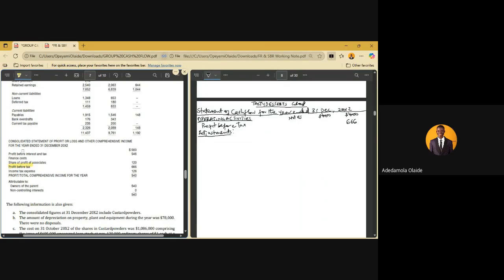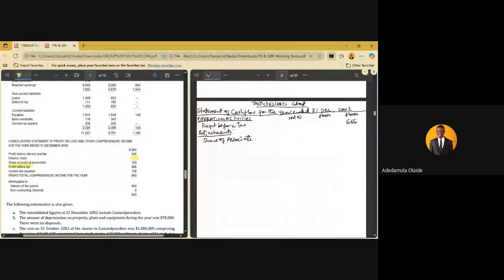If we look at this PBT, what makes up the PBT? We have the PBIT, which will definitely be the operating activities. We have a finance cost. Finance cost is not an operating activity, so we take it out. Finance cost is zero here because, as you can see, no cost is allocated to it, so we can just ignore it. The next one we have is share of associate profit, and share of associate profit, like we have said earlier, is an investing activity.